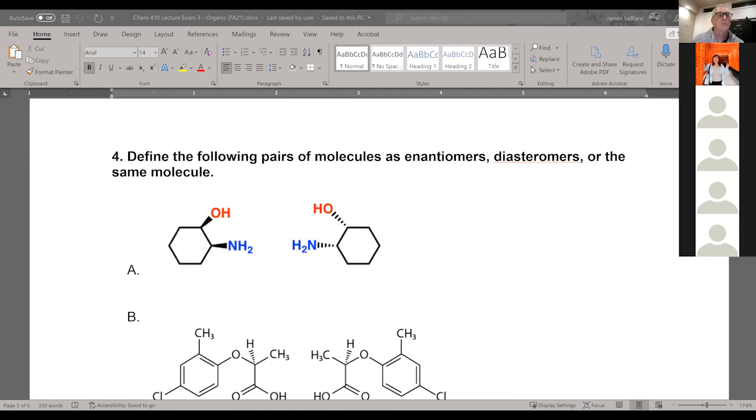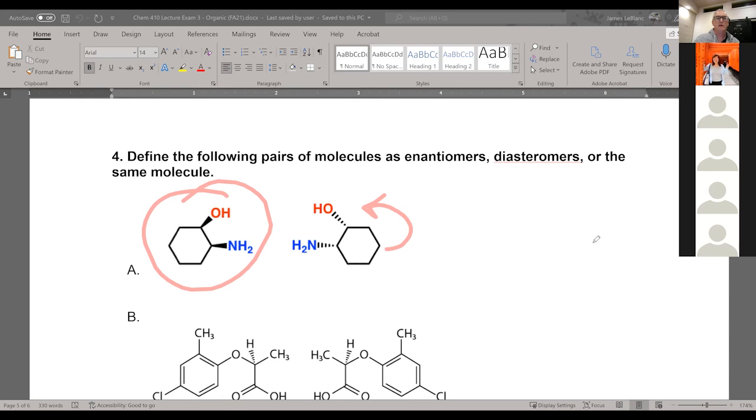If I was to flip this around, it would look exactly like that. So I could stack those two right on top of each other, and they'd be exactly the same. Does that make sense?